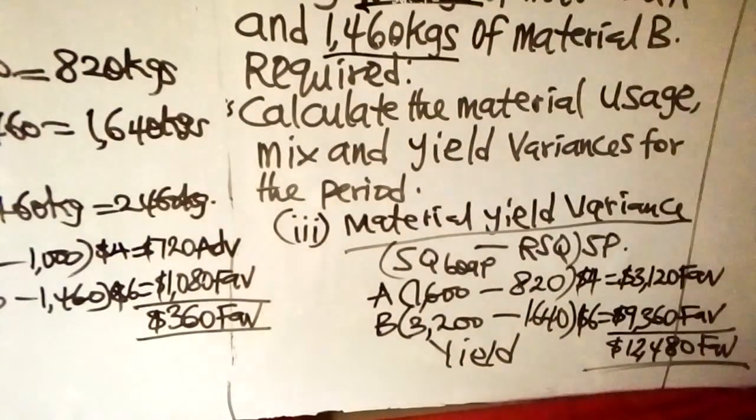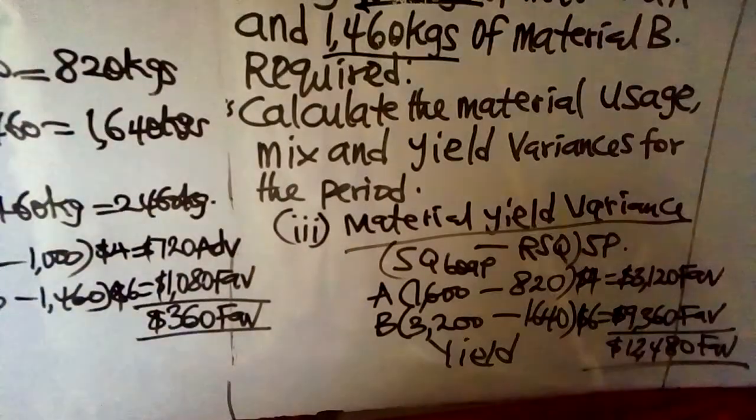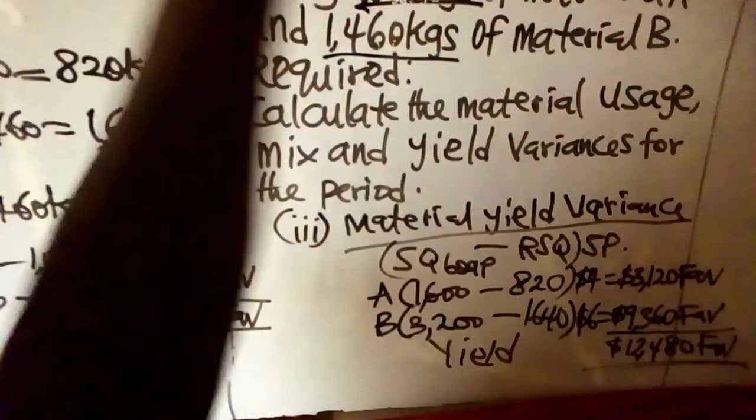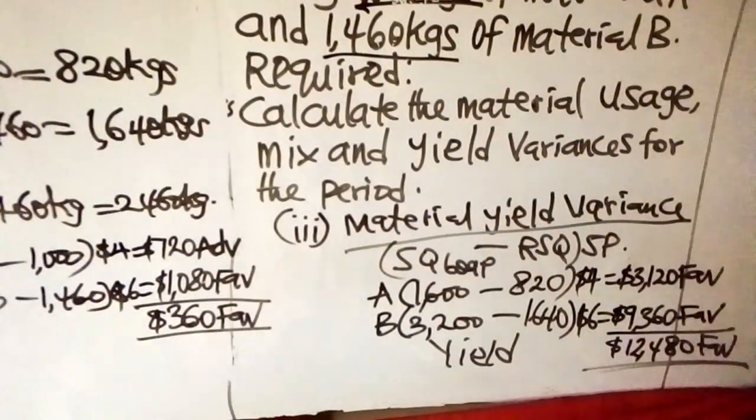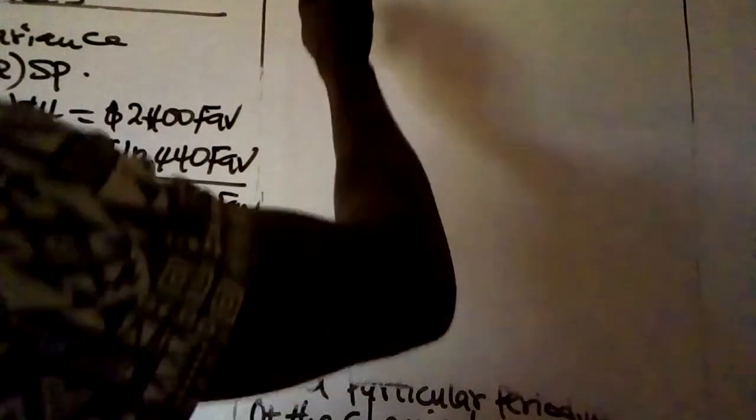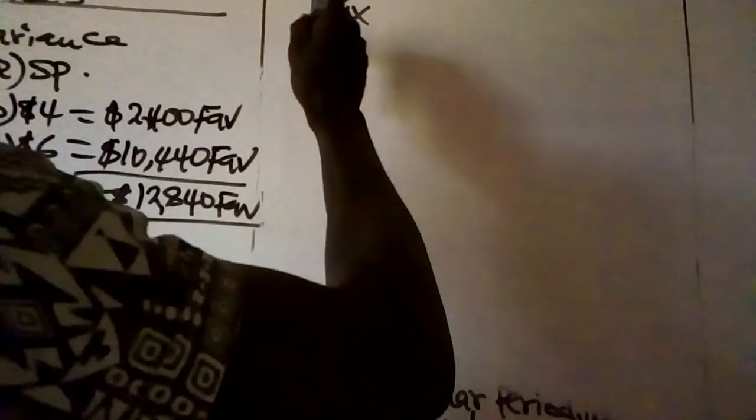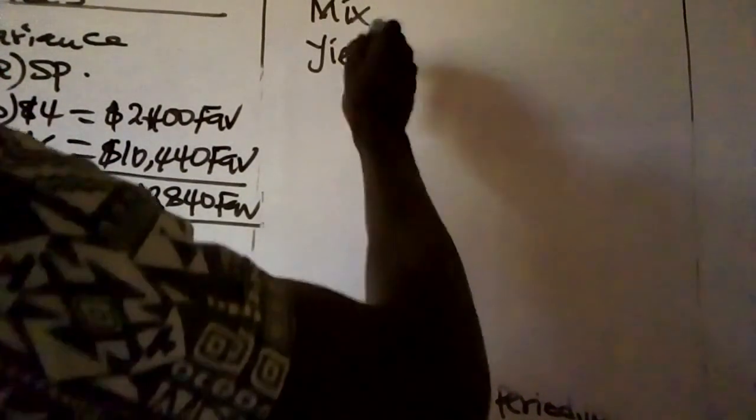I want you to note that when you sum up the mix variance and the yield variance, the total will give you the material usage variance. Let's try that. Material mix variance and material yield variance.